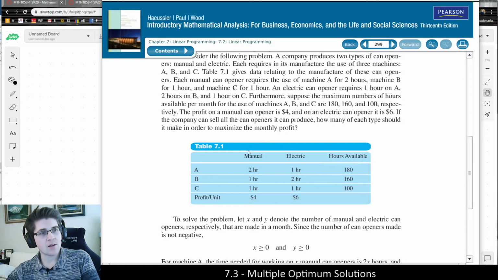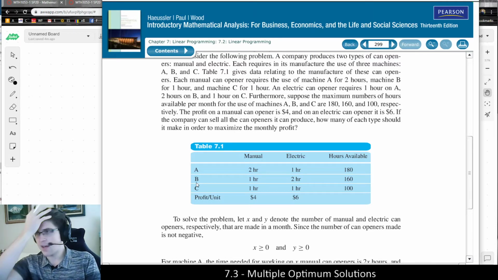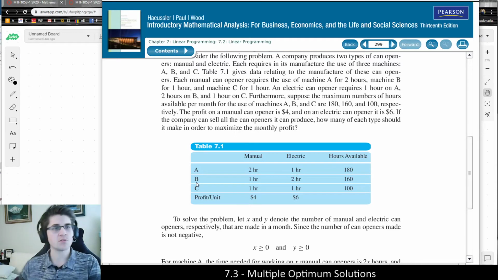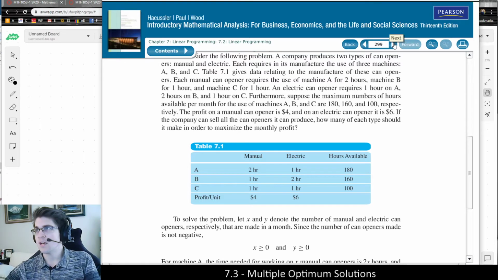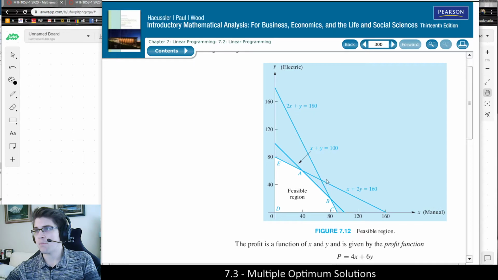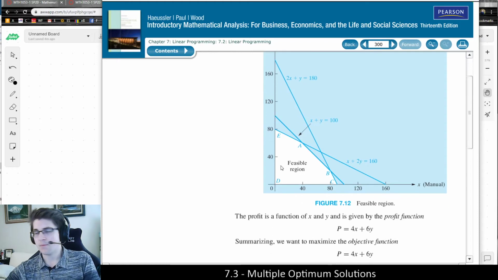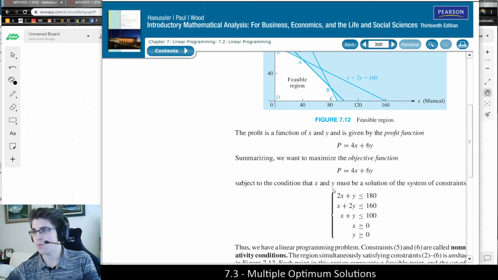We also had all of the constraints based on the production of those, where we had to use machines A, B, and C, and we had only a certain amount of time available to use those machines to make our can openers. What we concluded is that the optimal solution was at point A, because that was the biggest isoprofit line that could intersect the feasible region, and we used a graph to figure that out.